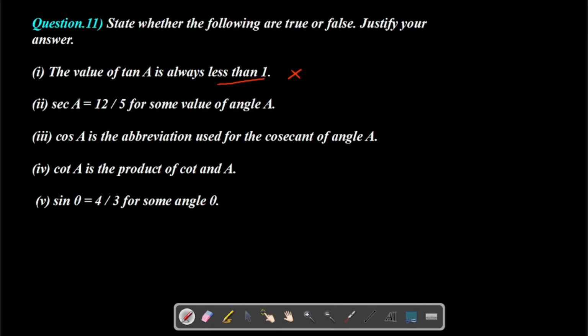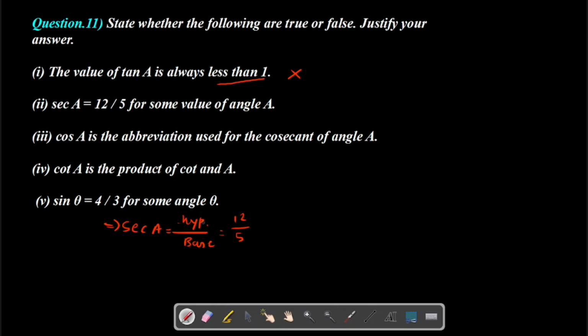Now the second one: sec A is equal to 12 upon 5 for some value of angle A. Is it possible or not? We know that sec A is the inverse of cos, which is hypotenuse upon base, right? So it means the hypotenuse is 12 and the base is 5, or a multiple of 5.